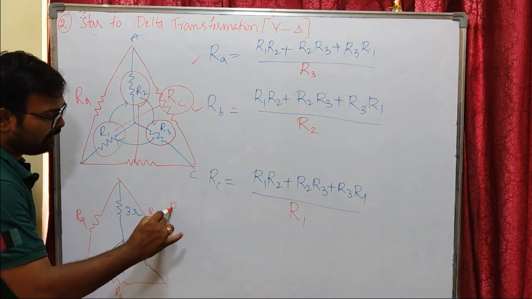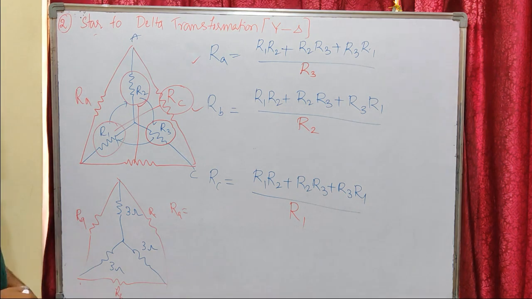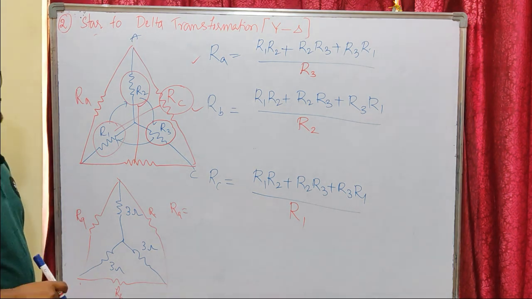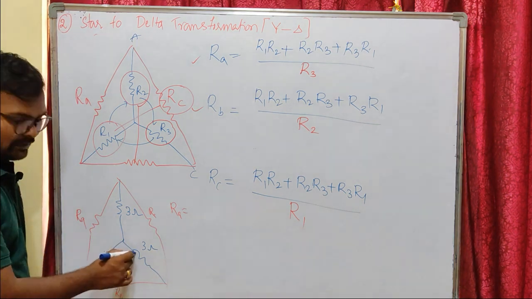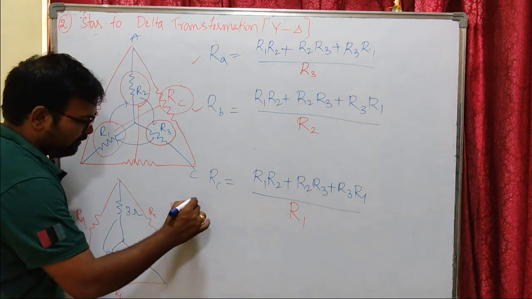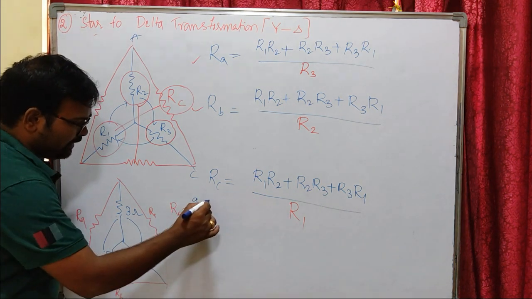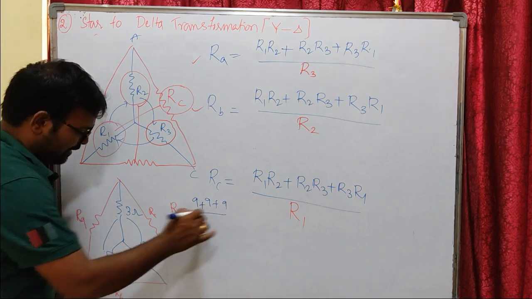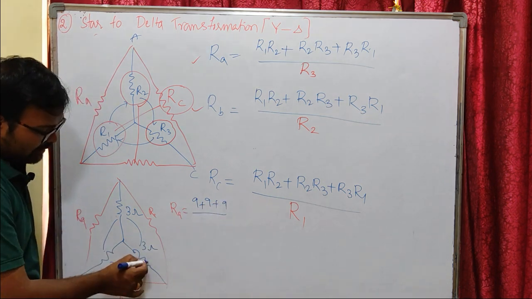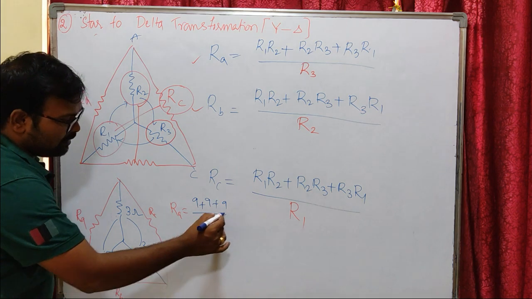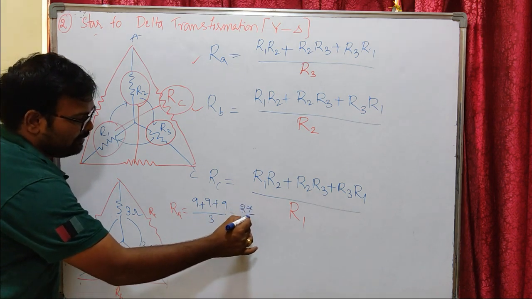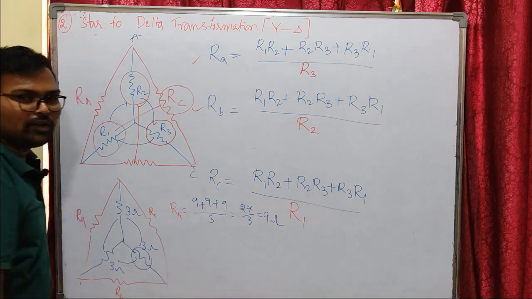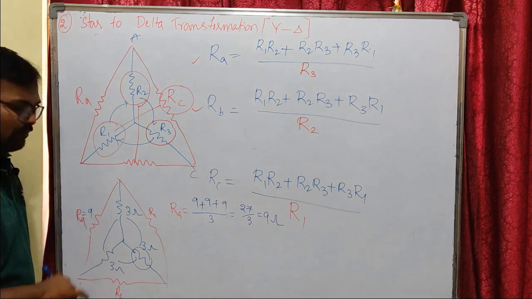Let us find RA, which is equal to R1 R2 plus R2 R3 plus R1 R3, by R3. R1 R2 is 9, plus R2 R3 is also 9, plus R3 R1 is also 9, by the opposite resistor for RA, R3, that is 3. That is 27 by 3, which is equal to 9 ohms. So here we have RA equal to 9 ohms.